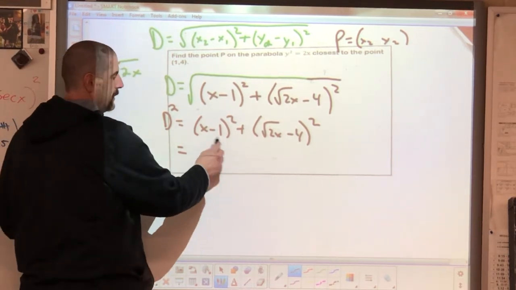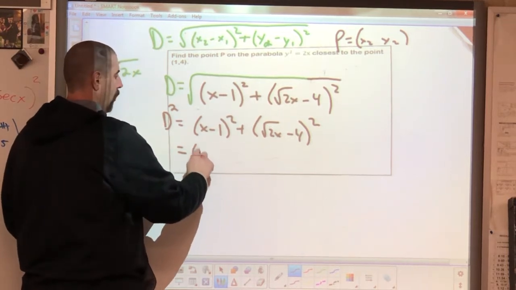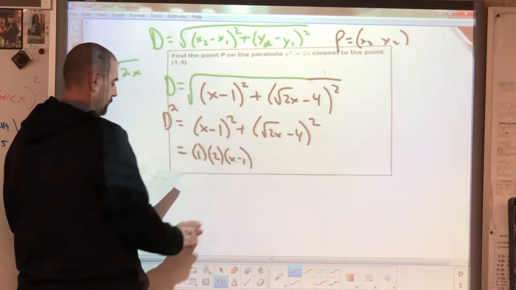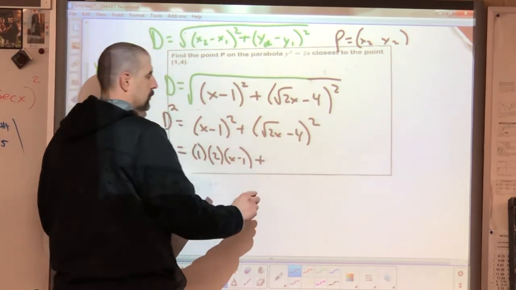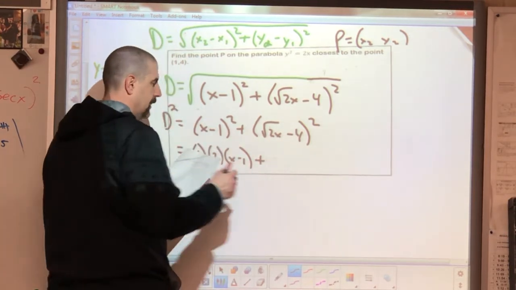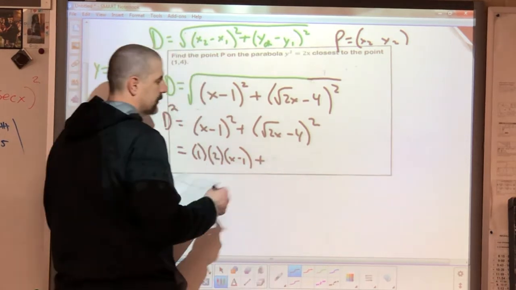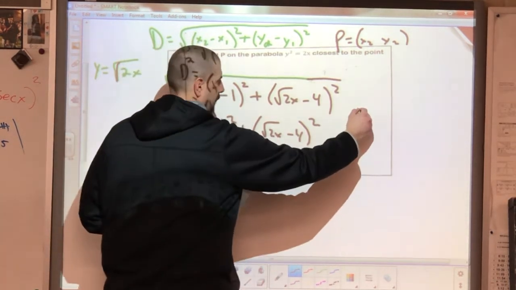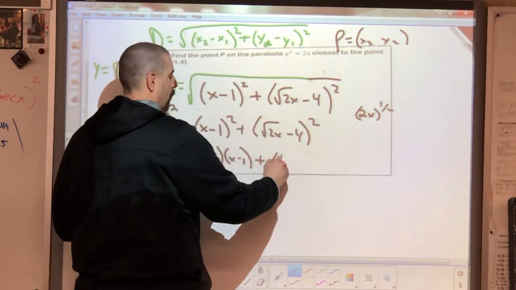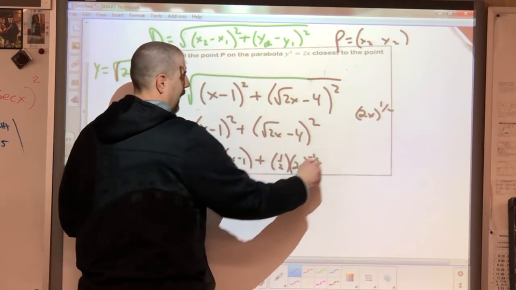Well, watch. If we take the derivative, I don't like foiling, so the derivative of that is going to be 1 times 2 times x minus 1, plus this derivative is going to be the square root of 2x. The derivative of that, I'll do it over here, 2x to the 1/2, so it's going to be 1/2 times 2x to the negative 1/2.